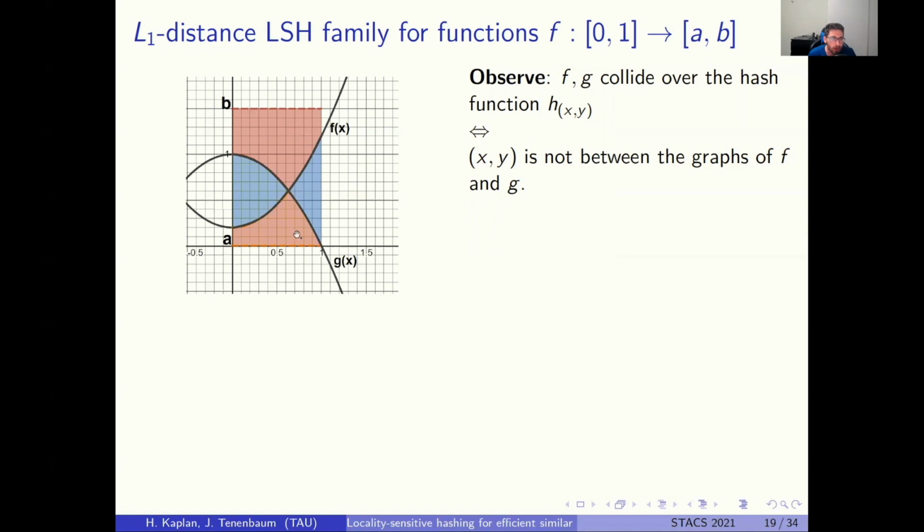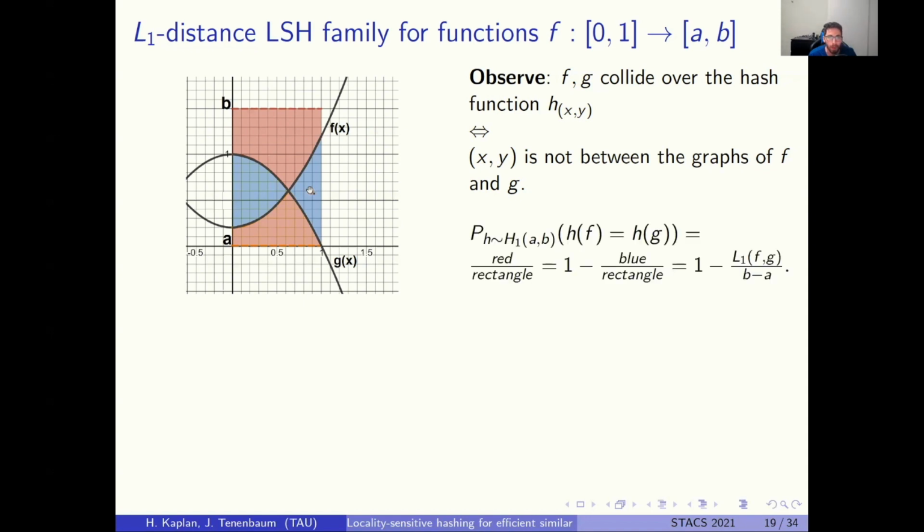Hashes which are below both functions give 1 to both functions, and hashes defined by points which lie between the graphs of f and g map one of the functions to 1 and the other to -1. Therefore, the probability of hash collision over a random point in the rectangle is equal to the red area over the whole rectangle area, which is effectively 1 minus the blue area over the rectangle area, where the blue area is precisely the L1 distance between the functions.